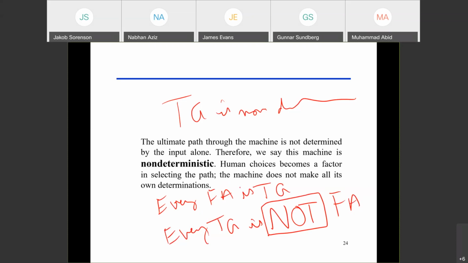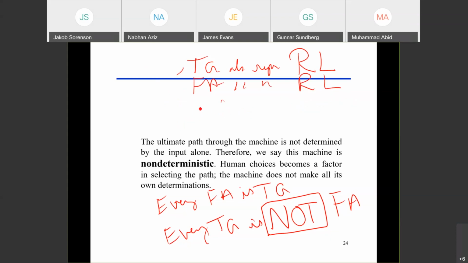This is one of the major differences. TG also represents regular languages. FA also represents regular languages. Regular expressions also represent regular languages. So all three things represent regular languages. So here we are done with this.